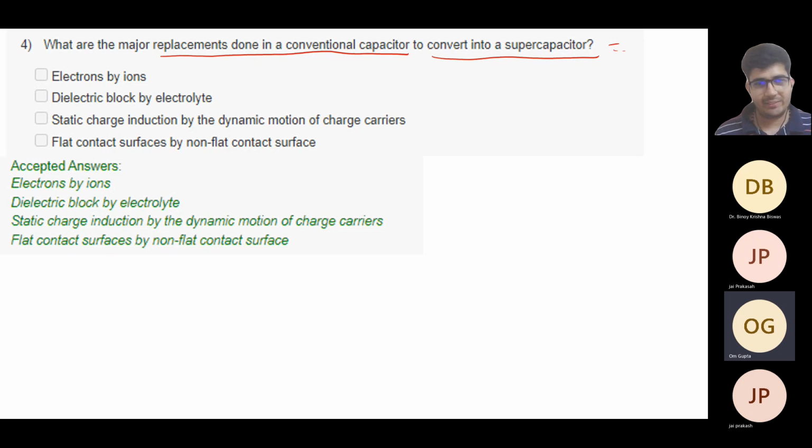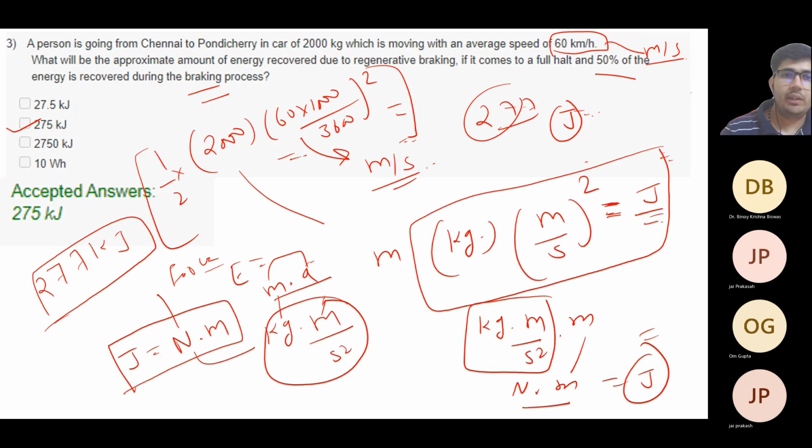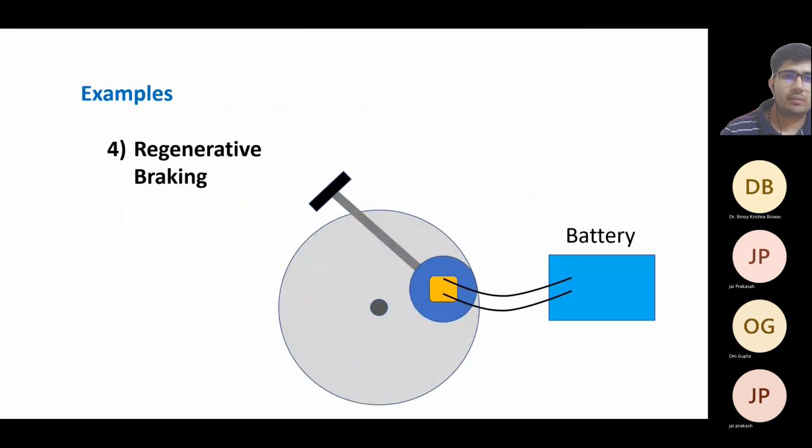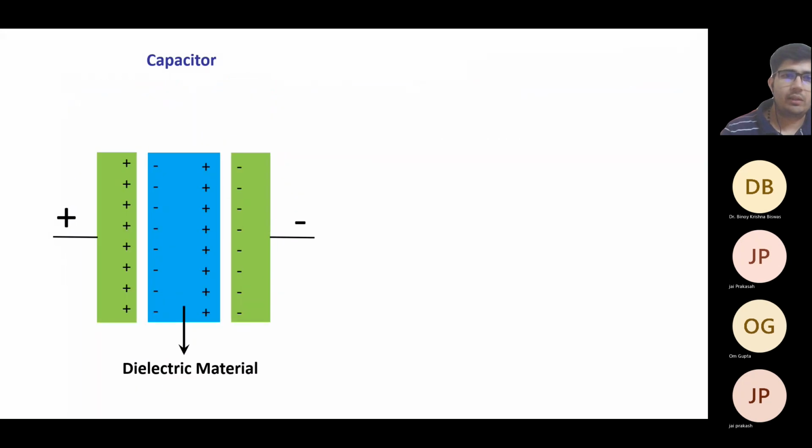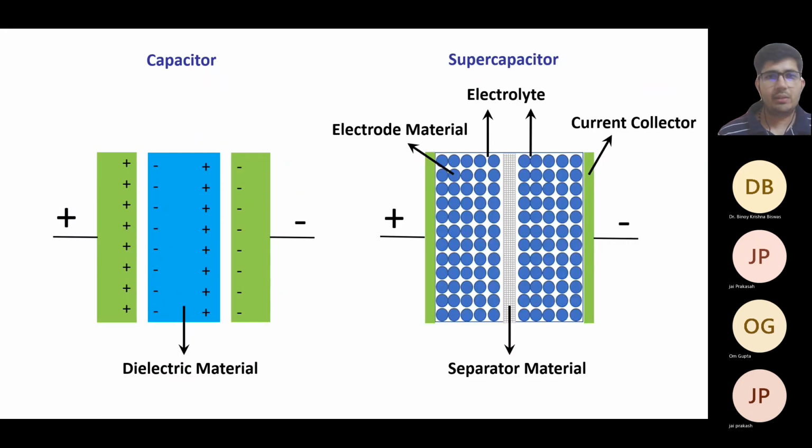Electrons by ions, dielectric block by electrolyte. Sir, can you explain option 2 a little? Dielectric block by electrolyte, as we can see from our slides. In a capacitor we were using a dielectric material, but in a supercapacitor we use electrolyte.